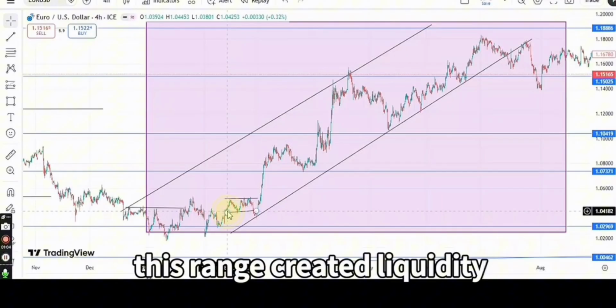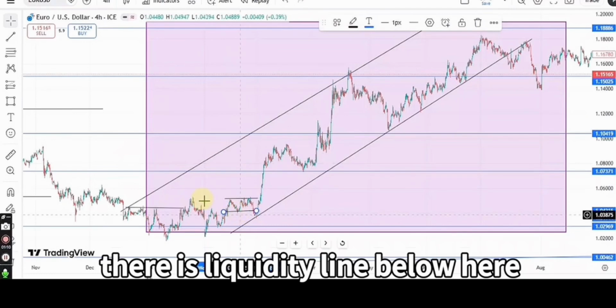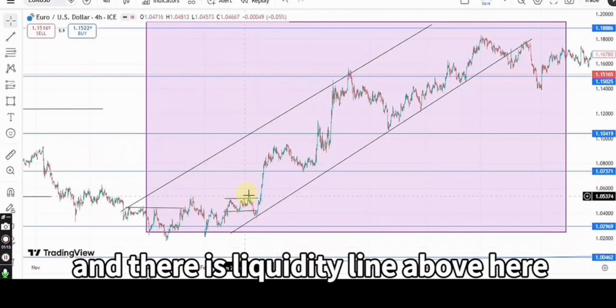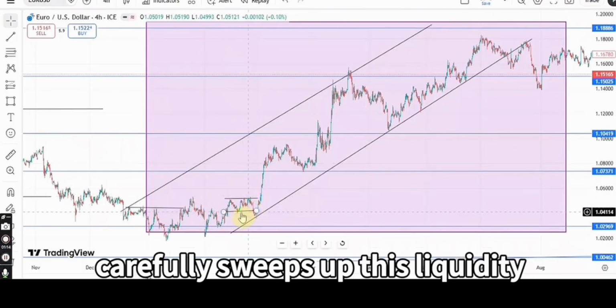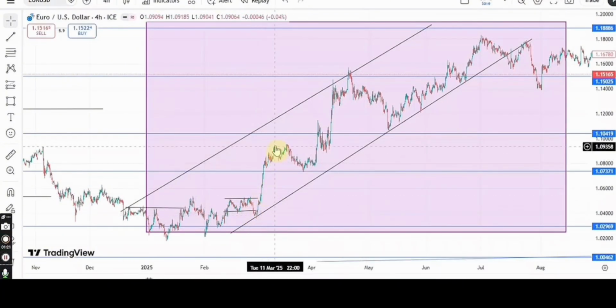This range created liquidity. There is a liquidity line below here and a liquidity line above here, and the market carefully swept out this liquidity before the market made this bullish movement.